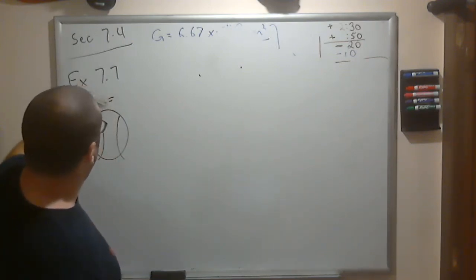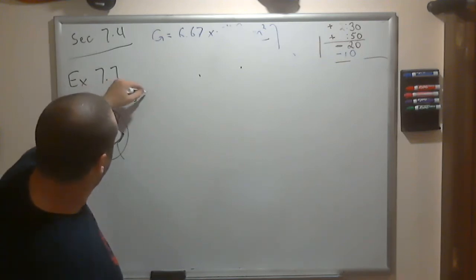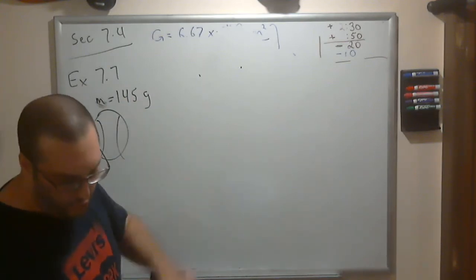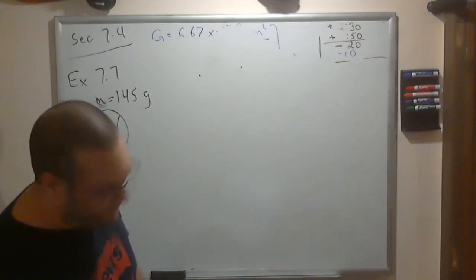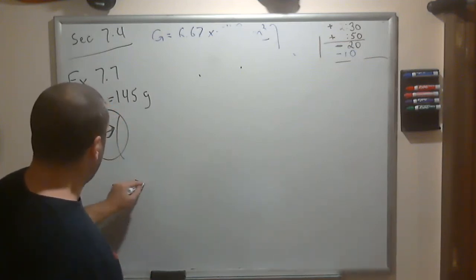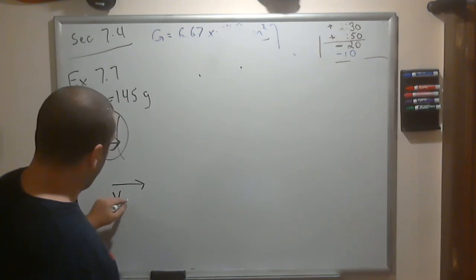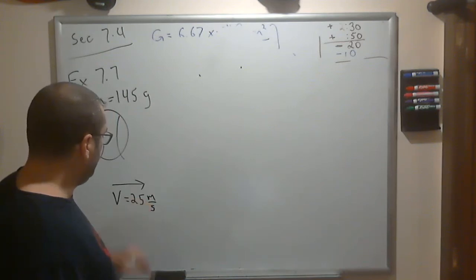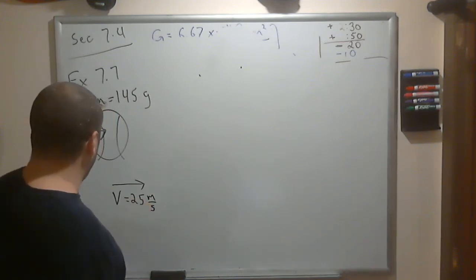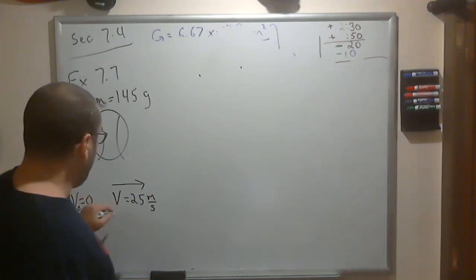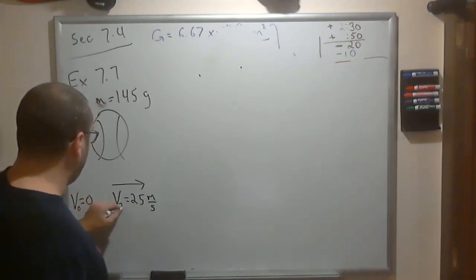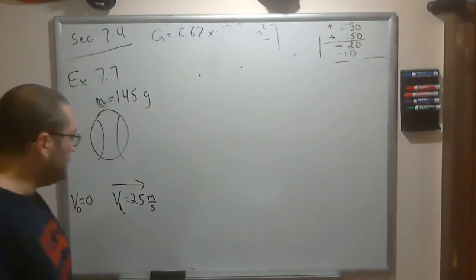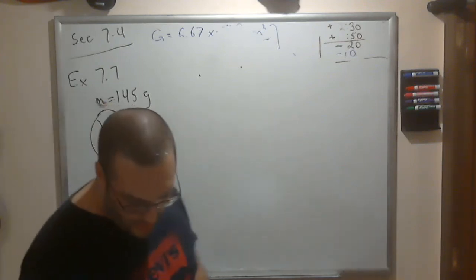The mass is equal to 145 grams, and we throw it so that it acquires a speed of 25 meters per second. Before we throw it, the velocity is 0. And then after we throw it, it's 25 meters per second. Let's label it V0, V1.